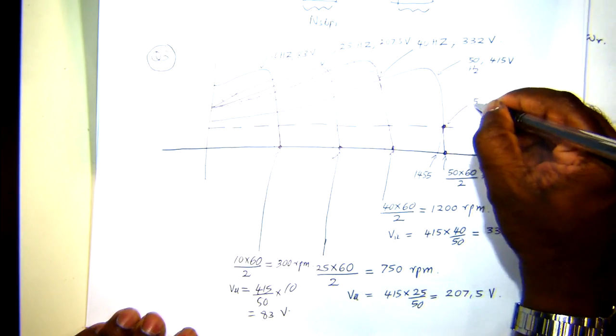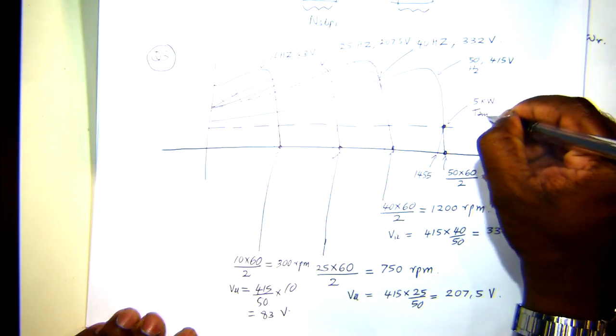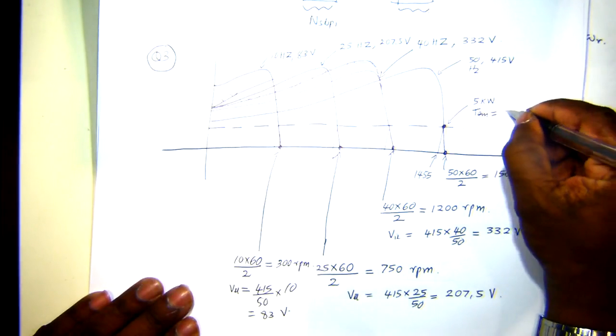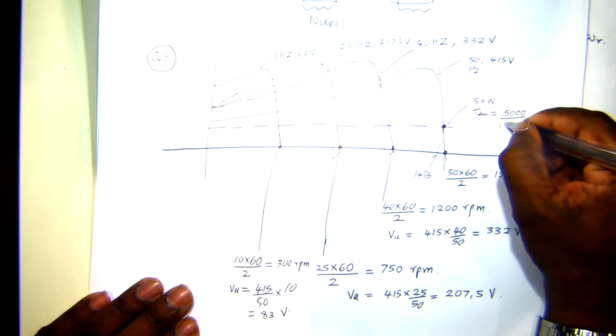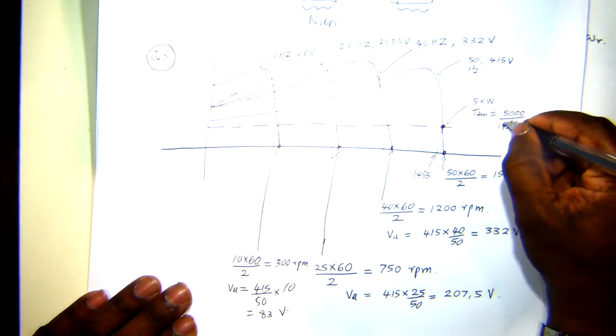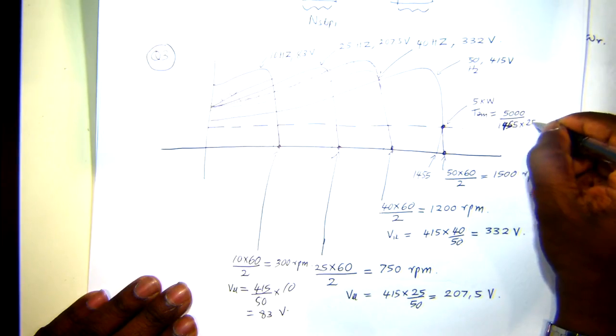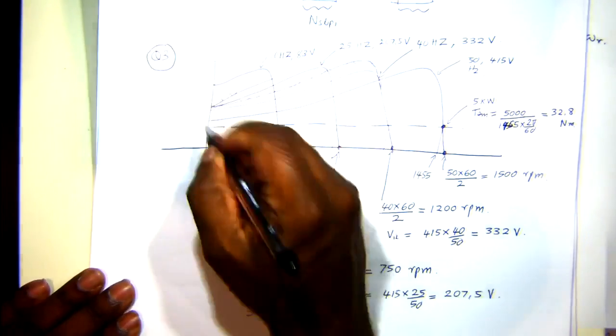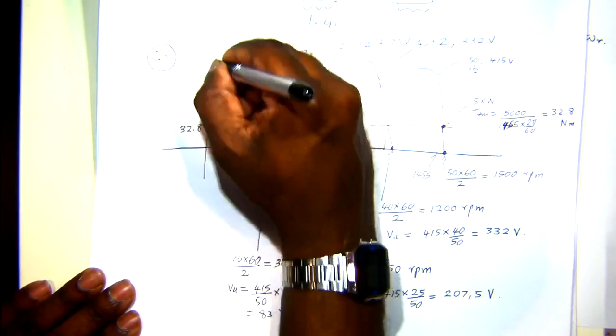The torque is 5 kilowatt divided by 1,455 times 2 pi over 60. So the torque you have is 32.8 Newton meter.